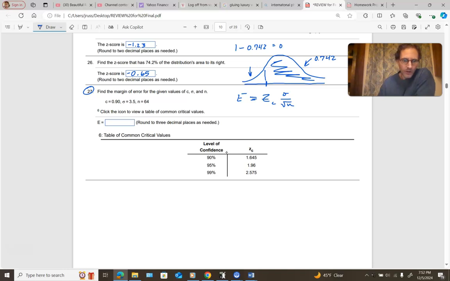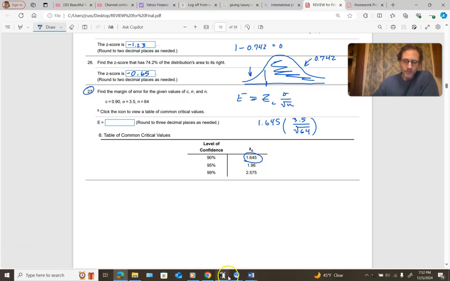First of all, if C is 90%, then our critical value is going to be 1.645 times sigma, which is 3.5, divided by the square root of 64, which is actually 8. Remember, this piece right here is what we call the standard error. It's basically like the standard deviation of the sampling distribution, or the distribution of sample means.